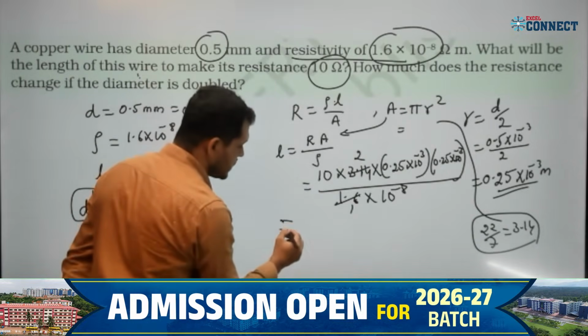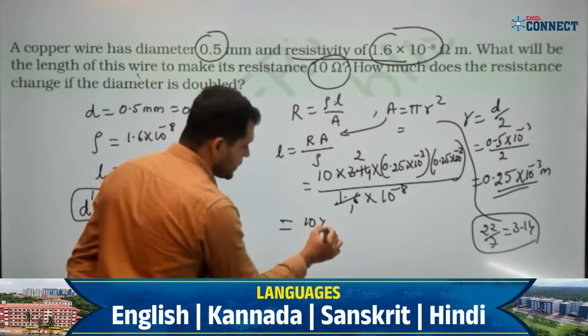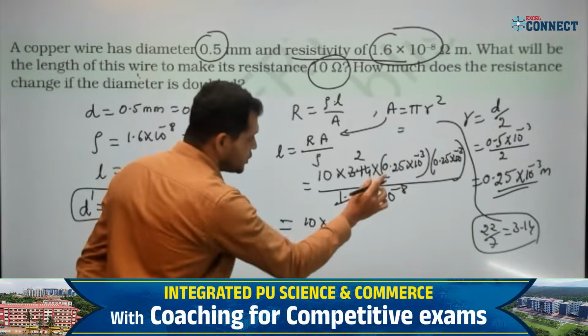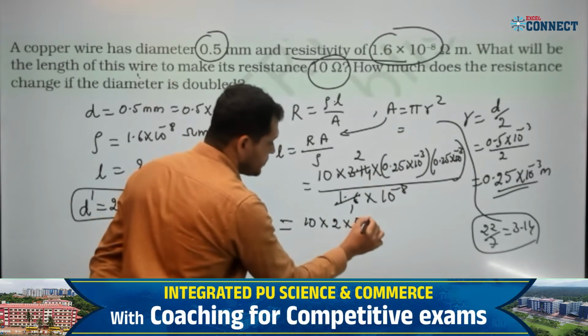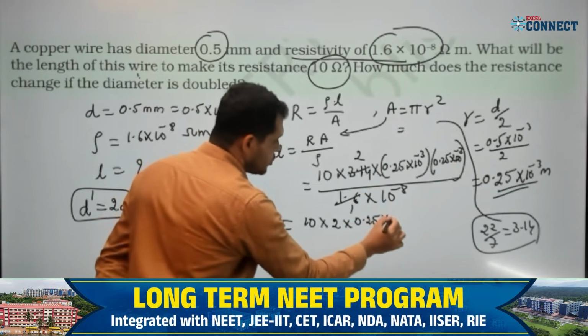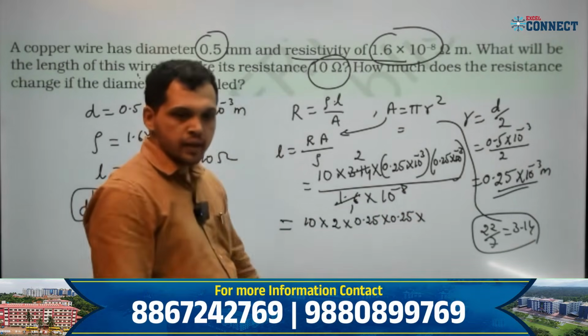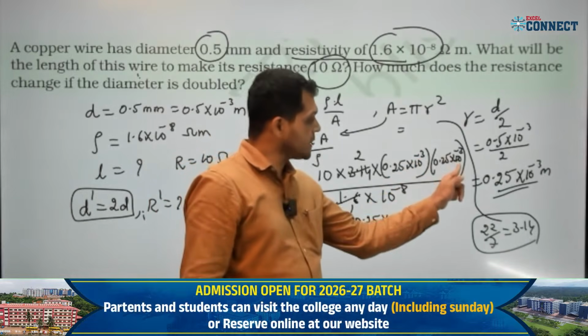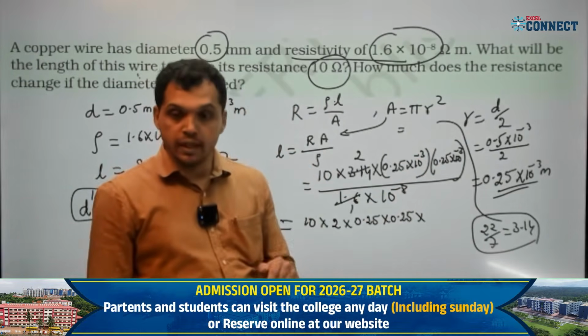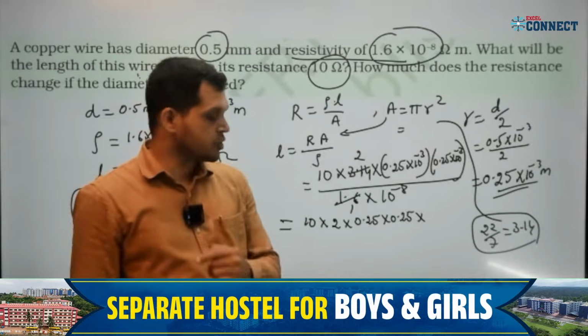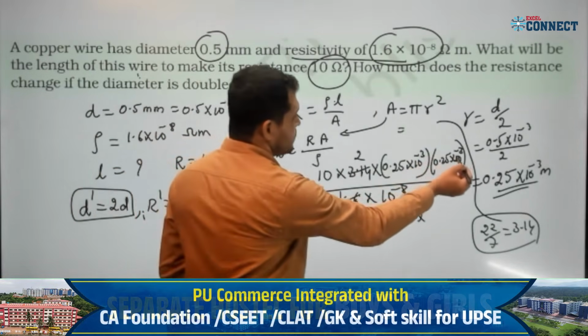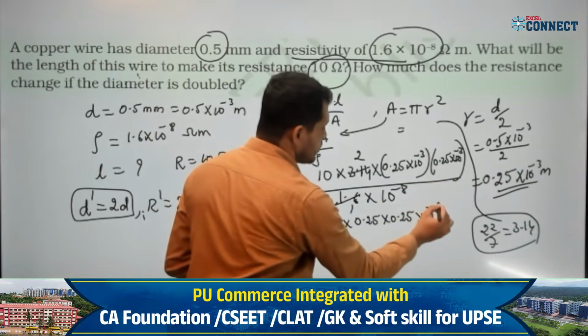In one step I'll write 10 into 2 into 0.25 into 0.25 into 10 power minus 3, 10 power minus 3. Total, 10 power minus 6.